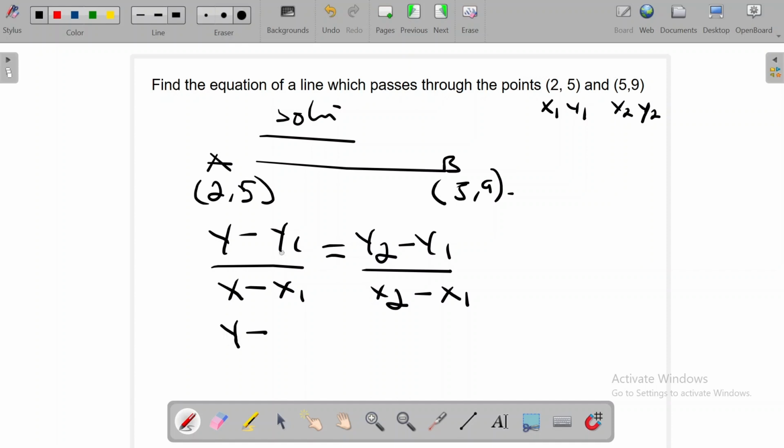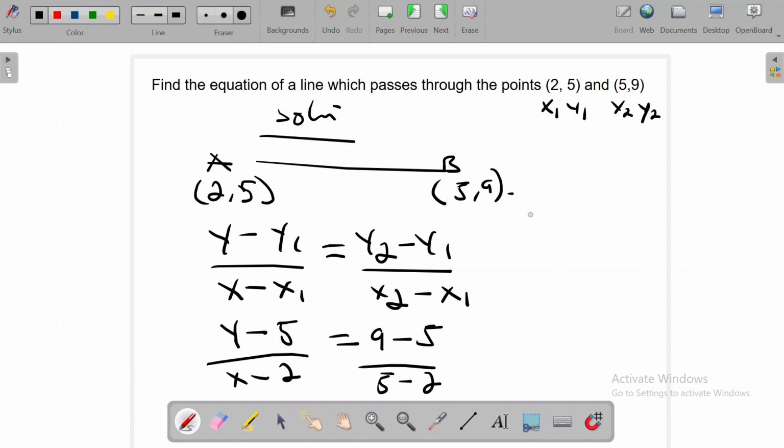To substitute, what is my y? That is not known. What is my y1? That is 5, and my x1 is 2. What is my y2? That is 9. My y1 is 5, my x2 is 5, and my x1 is 2.